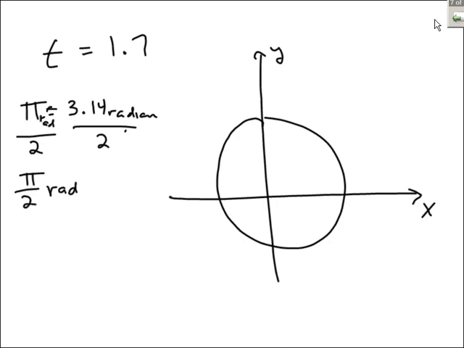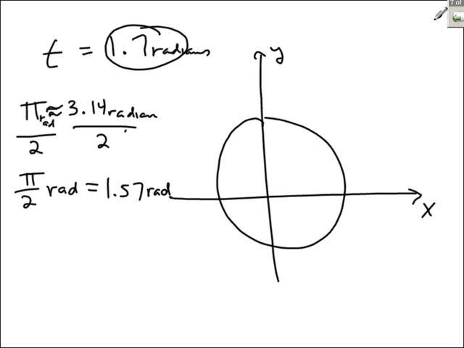Pi is approximately 3.14. It's a little bit more. Well, when I take half of 3.14, I get 1.57 radians. But I want to go more than that. Since there's no degree symbol by the 1.7, and we're telling you it's an angle, it is understood to be 1.7 radians.